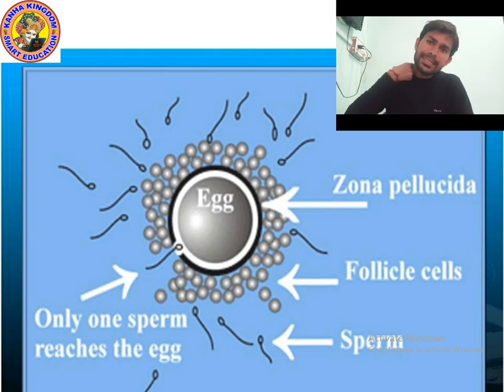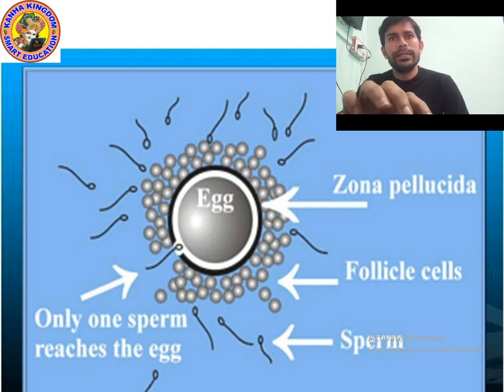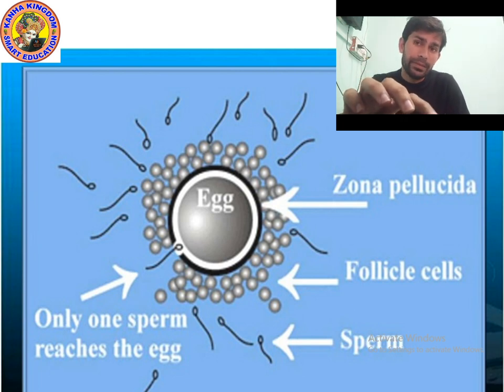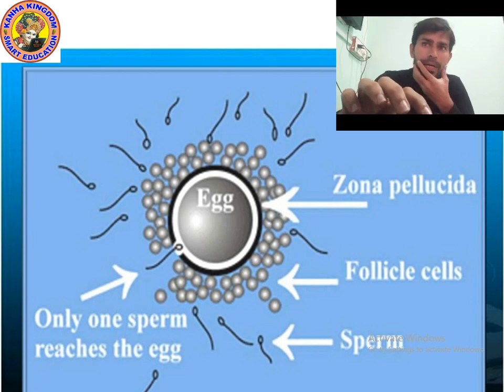This happens inside it. I hope you understood. Remember, zona pellucida allows only one sperm inside, and the others are stopped by follicle cells.